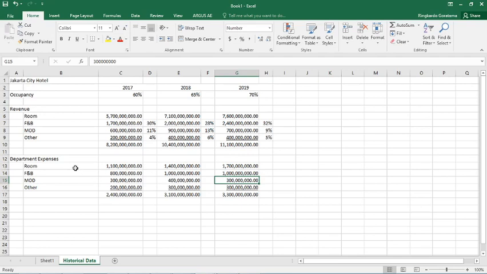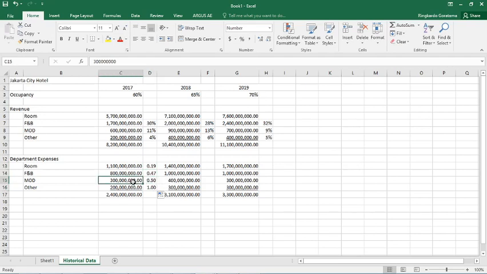So we want to find out what percentage the room expense is. The room expense will be 19% of the room revenue. The F&B will be 47%, and the MOD will be 50%.